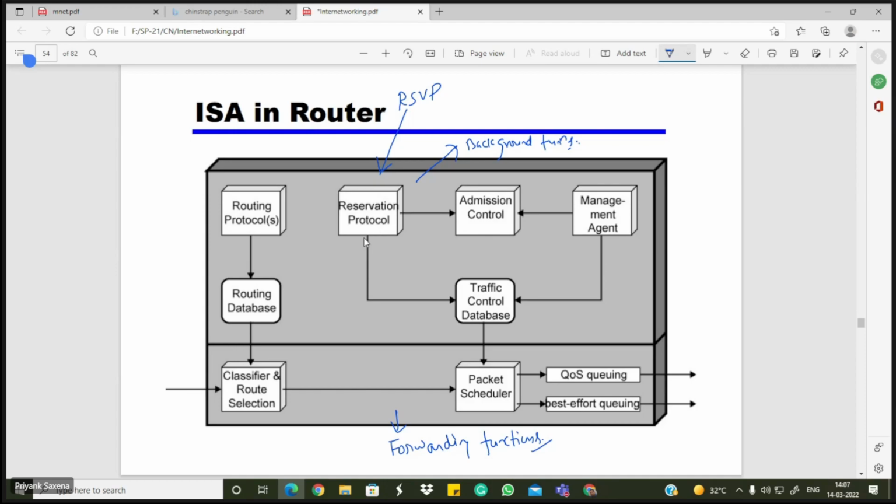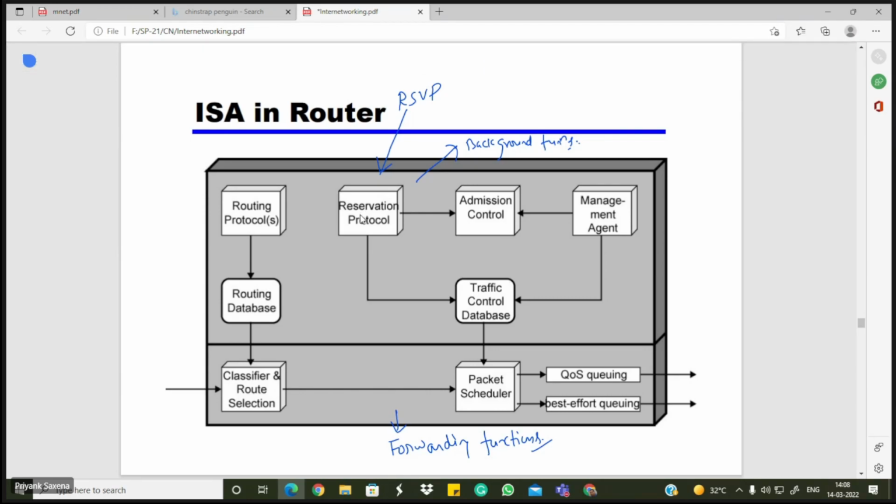I told you earlier also that it is similar to what we face when we reserve a seat in a plane or a train. Depending on the availability, we get reservation in different classes. If the resources are available in the network, an application has to state its requirement in the beginning of the process, so that the resource reservation protocol reserves the resources.